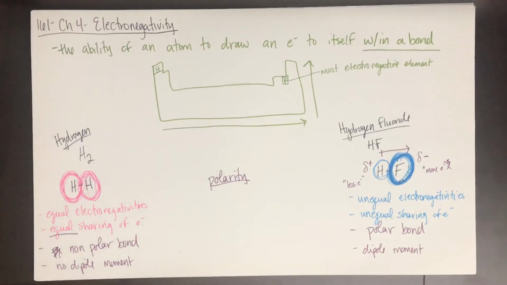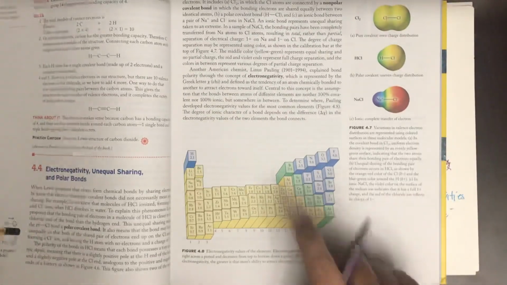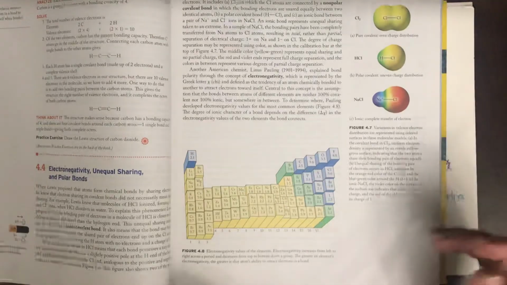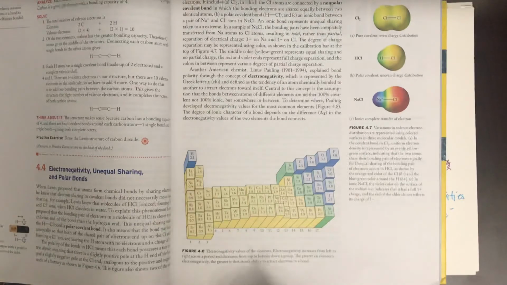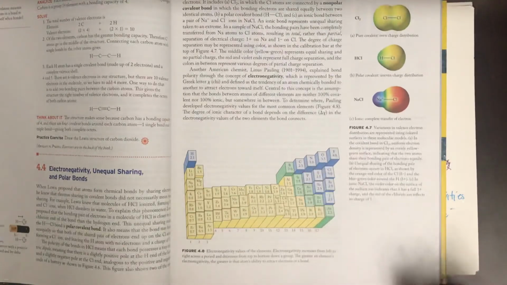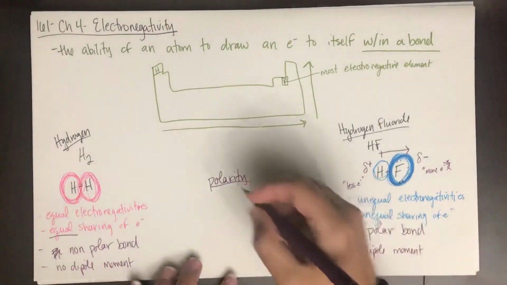It's on page 153, and it shows you all of the electronegativities. The difference between the electronegativities tells you if the bond is polar or not. Usually a difference of 0.4 or greater represents a polar bond. This is what your textbook says.